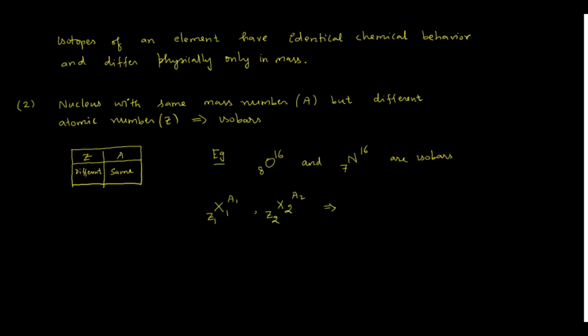When we call them isobars, A1 is equal to A2 and Z1 is not equal to Z2. So they have the same mass number but different atomic number. Such nuclides are called isobars.